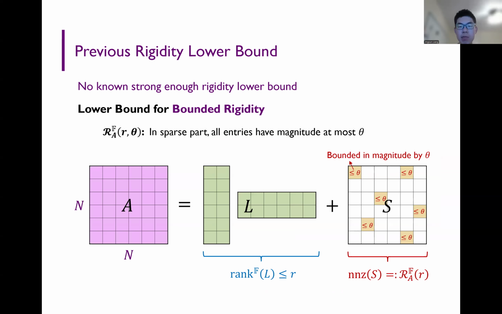Besides the untouched submatrix argument, there are also some other works that prove lower bounds against a variant of rigidity called bounded rigidity. In bounded rigidity, in addition to sparsity, each entry of the error matrix S should be bounded in magnitude by some parameter theta.